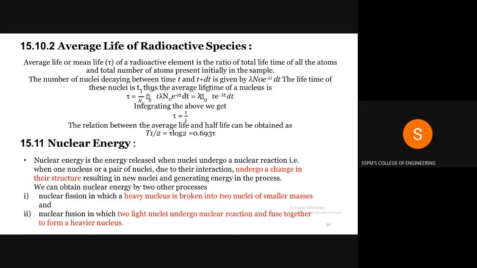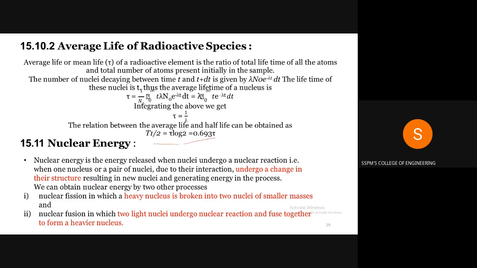Next one, average life of radioactive series. Just understand this formula. Average life or mean life of a radioactive element is the ratio of the total lifetime of all the atoms and the total number of atoms present initially in the sample.